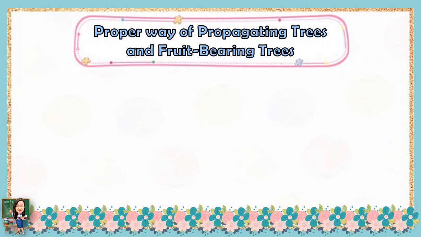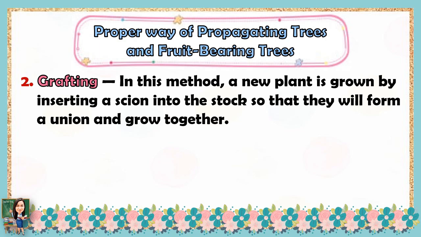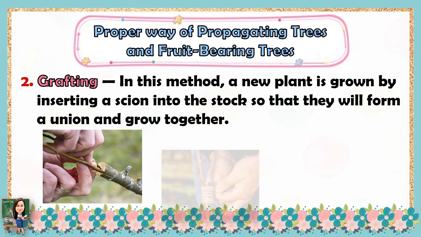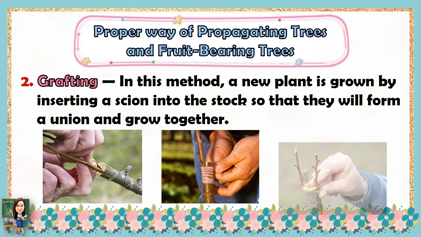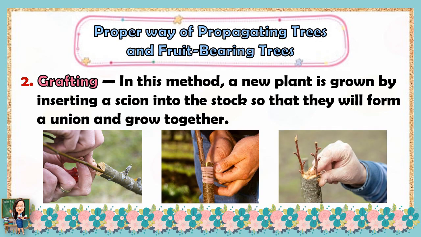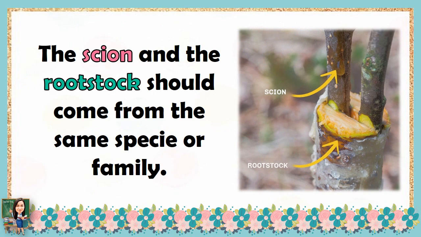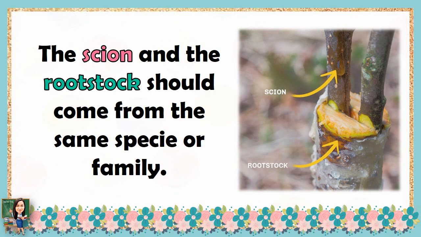Another way of propagating trees and fruit-bearing trees is number 2, grafting. In this method, a new plant is grown by inserting a scion into the stalk so that they will form a union and grow together. This scion and the rootstock should come from the same species or family.